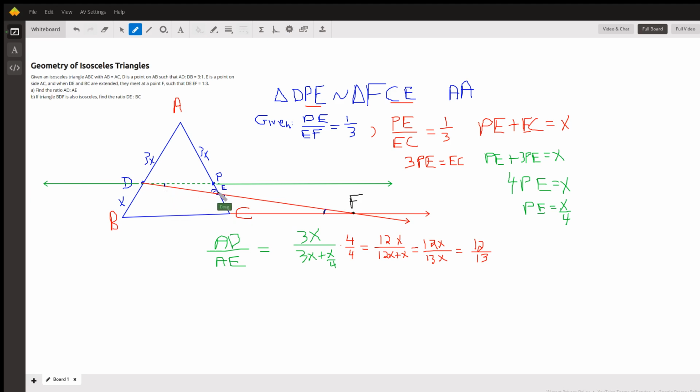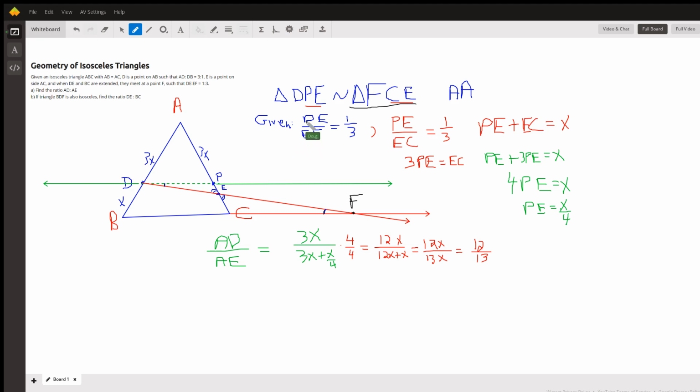And here at point E, we have two vertical angles. So this triangle right here, DPE, is similar to triangle, and we have to pay attention to the order of the letters, but F corresponds to D, C corresponds to the P, and E corresponds to itself because that's where the vertical angles are.